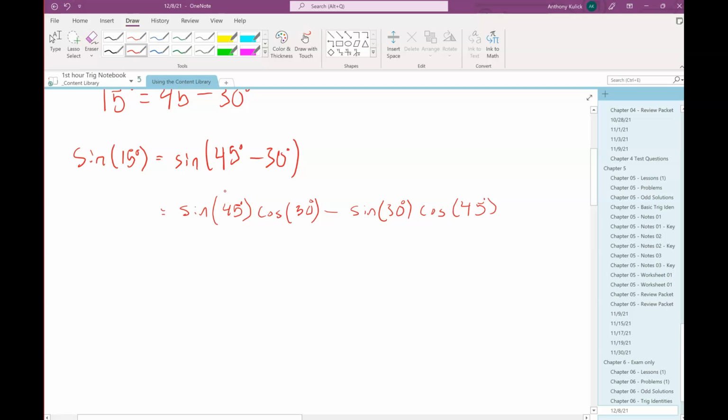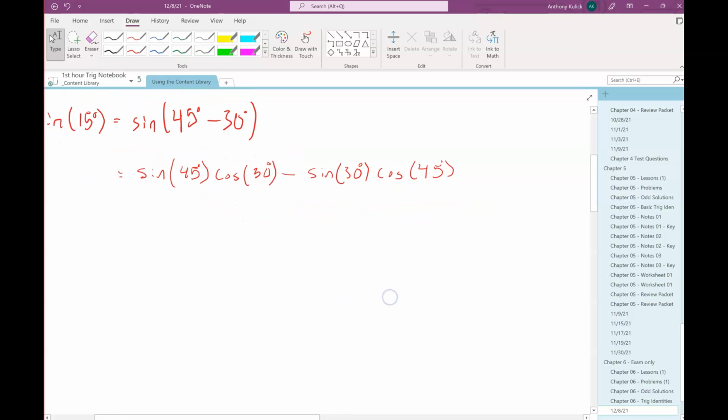Is everybody okay with how I filled that into my formula? And now if I look, everything in this formula is a unit circle angle measure, right? So I'm just going to go to my unit circle and pull the values for these.